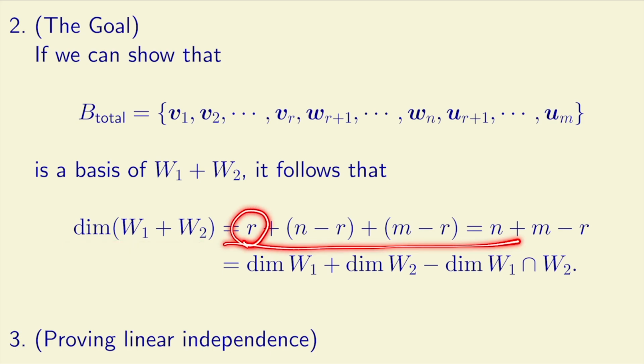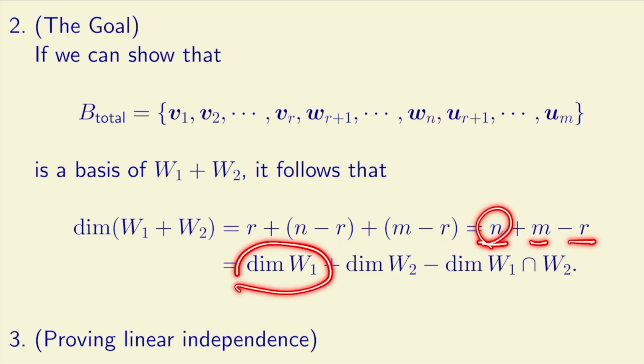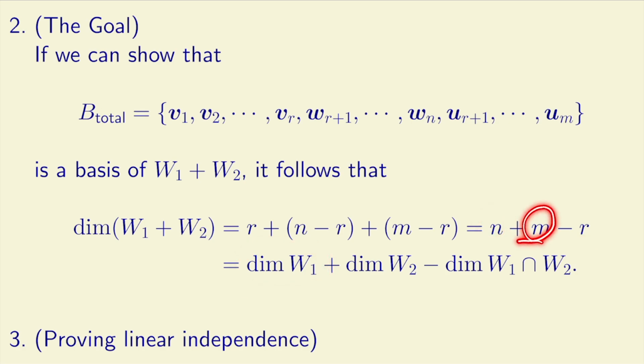So this r comes from these vectors, this n minus r comes from these vectors, and this m minus r comes from these vectors. If we add these together, we have n plus m minus r. Here n is the dimension of W1, m is the dimension of W2, and r is the dimension of the intersection. So this is our goal.